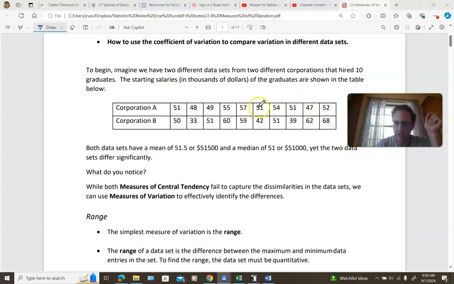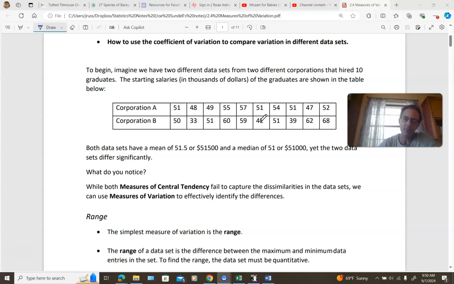So I'm much more likely to start out at a salary that's much closer to the mean versus at Corporation B, because the data is spread out so much more. I could end up starting out at $33,000, or I could maybe get lucky and start out with $68,000. But the probability that I start out at whatever the mean is much less likely.